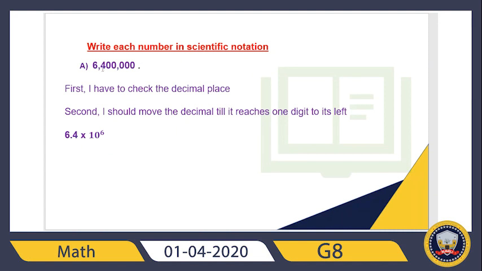Yani as if I'm saying 6,400,000.000. It will not affect the number. So I will write a decimal point after the number ends.